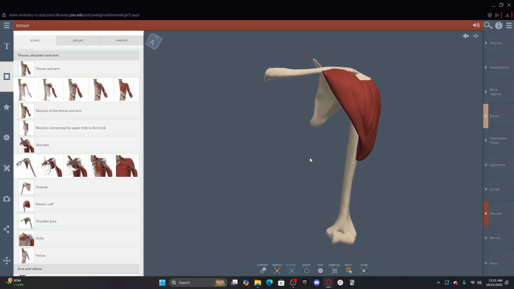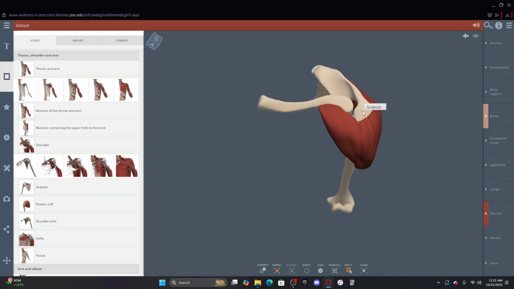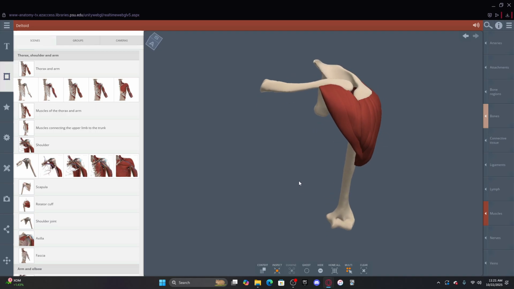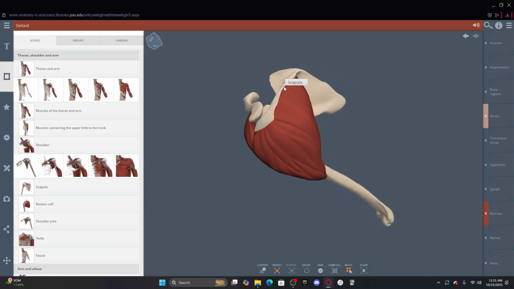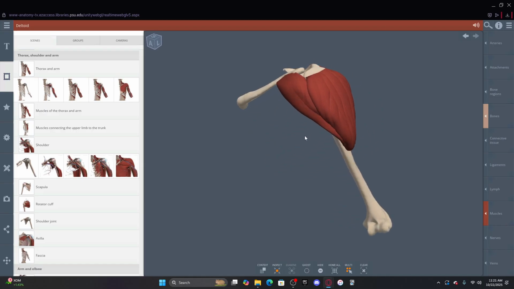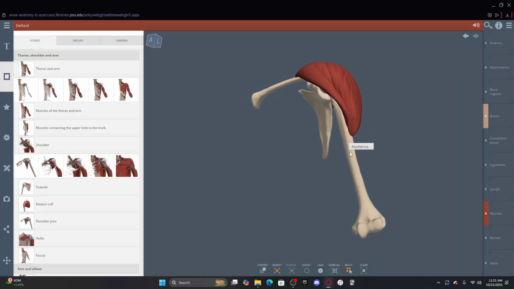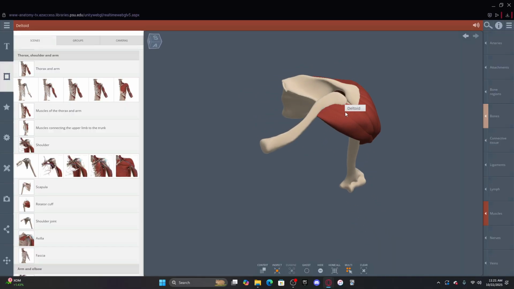Sorry, it goes from the acromion process to the spine of the scapula and the humerus. So it goes from the acromion process, scapular spine, and also goes to the humerus. We can see it going to the clavicle as well, but that's more so the acromial end.